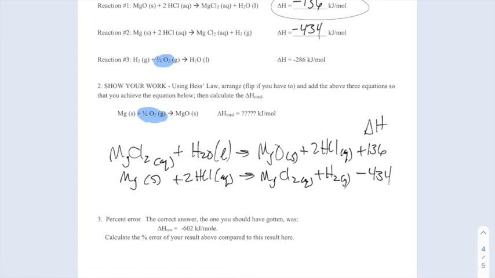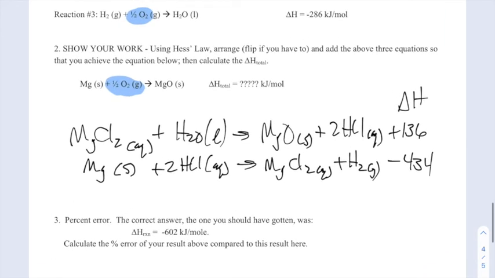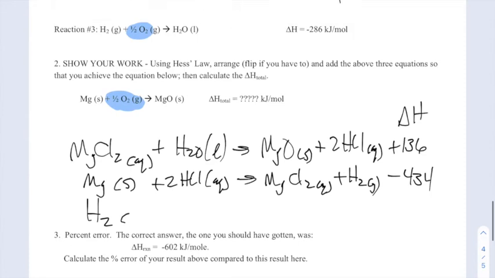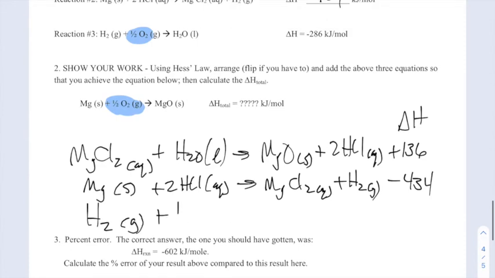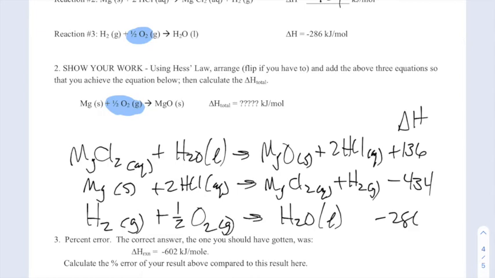I've got everything I need, so I'm just going to copy this equation down. So I have hydrogen gas plus half of an oxygen gas coming over here to form liquid water. And that is negative 286 according to that number.